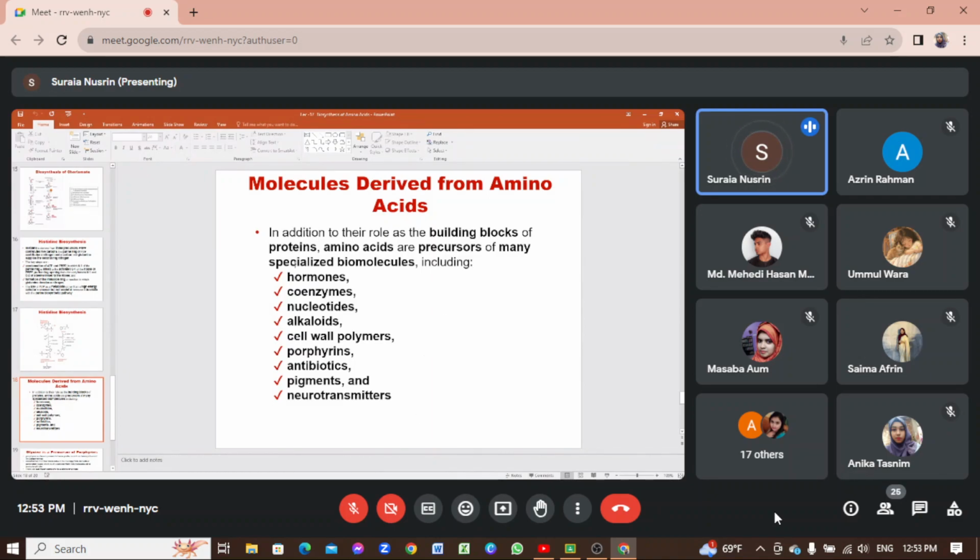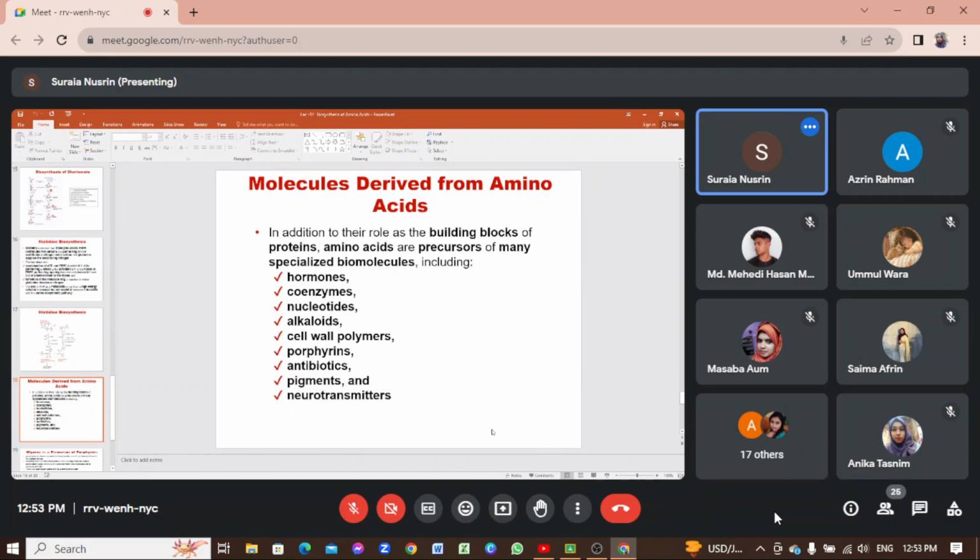If we look at this, hormones, antibiotics, and neurotransmitters are mostly protein in nature. Whereas the other compounds, coenzymes, nucleotides, alkaloids, cell wall polymers, porphyrins, and pigments, have complex structures that contain amino acids.